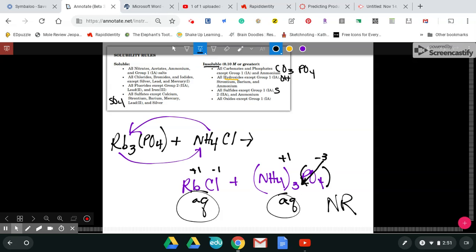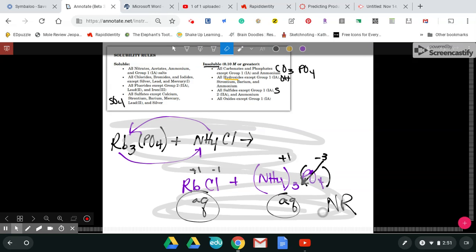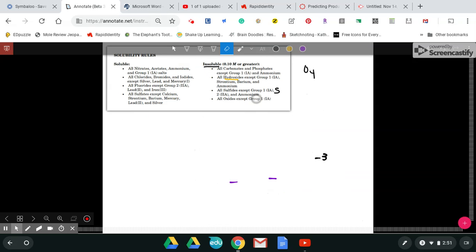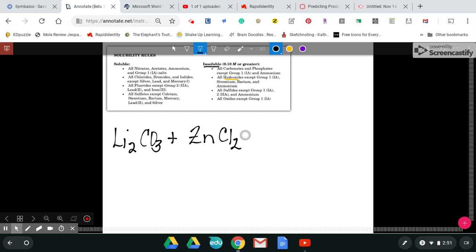All right, so what I want to do is I'm going to give you a couple to try. The only way you're going to learn how to do this is to try it, okay? And I want to see if you can go through and figure out what they are. So the first one, let's do lithium carbonate plus zinc chloride.